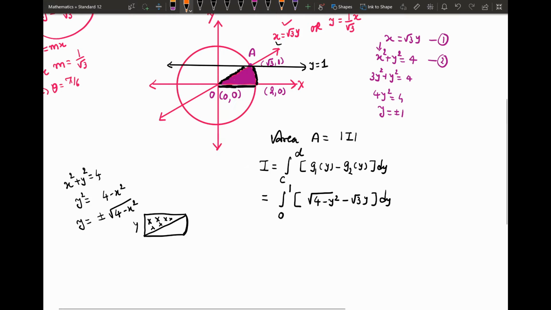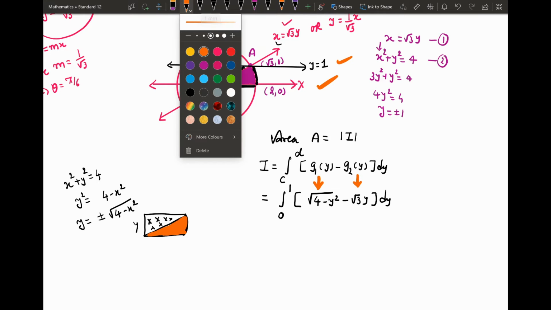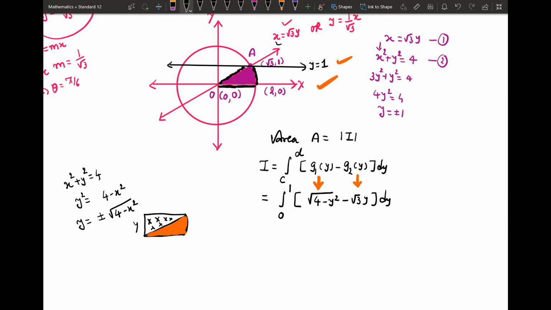So the limits c to d are 0 to 1, with x as a function of y from the circle minus x equal to root 3y from the straight line. Now it is an ordinary definite integral, so easily we can integrate and get the area.